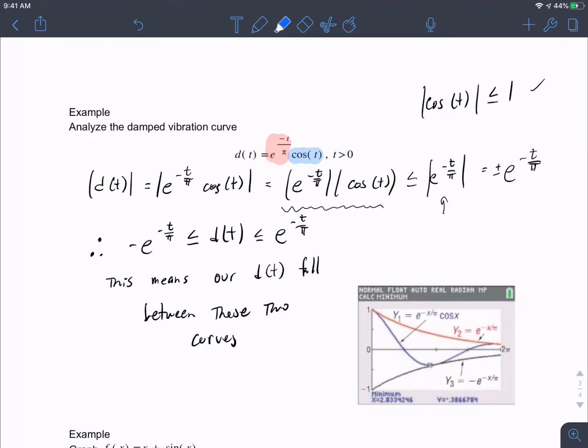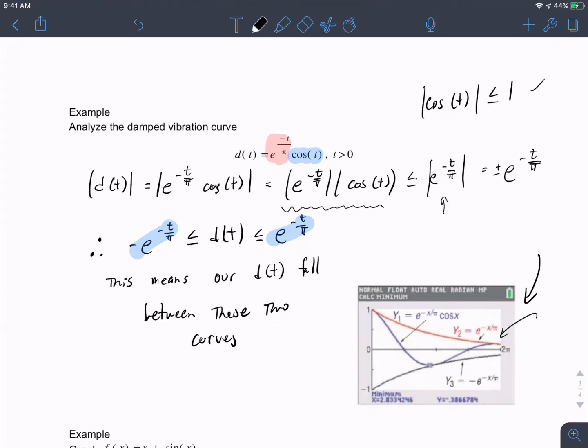And so the two curves are this guy and this guy. And so we can see in the picture that I drew here from a calculator, our actual function is this guy right here. And we can see, my drawing is kind of terrible, but trying to follow it there, you guys can see it is between the two functions.